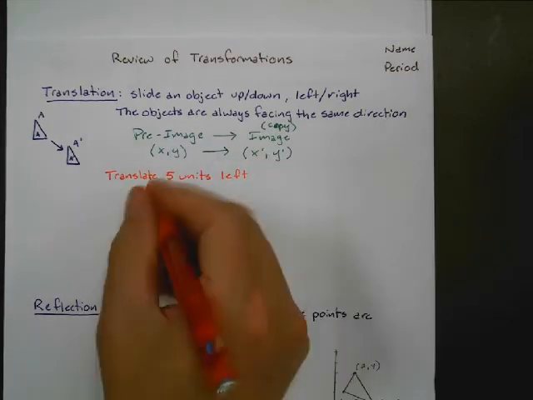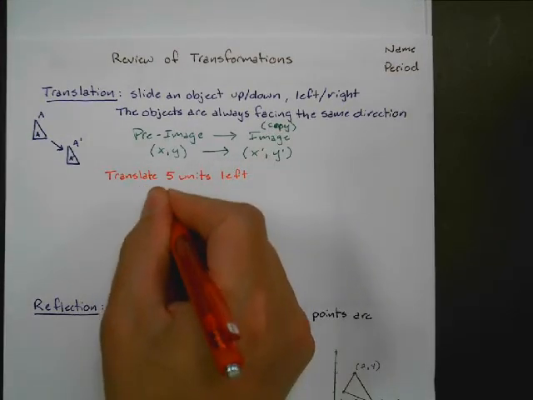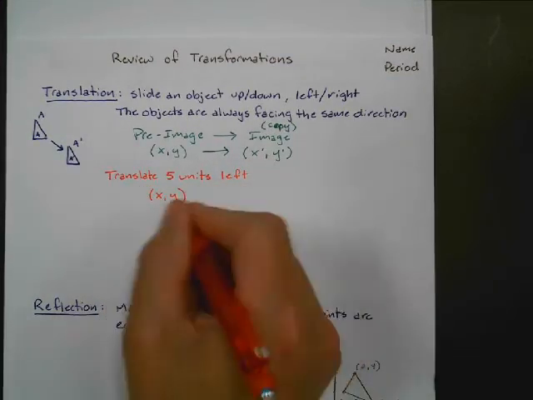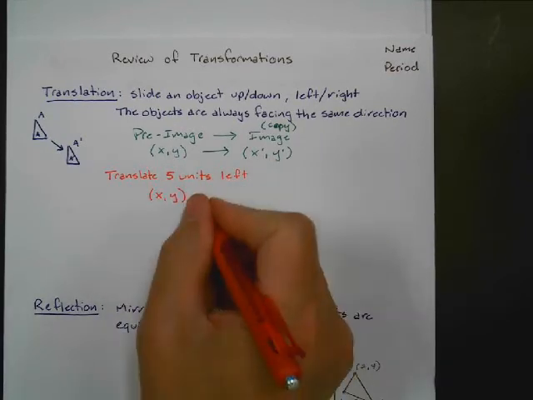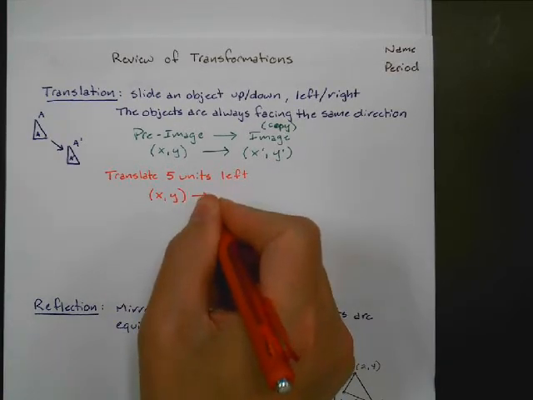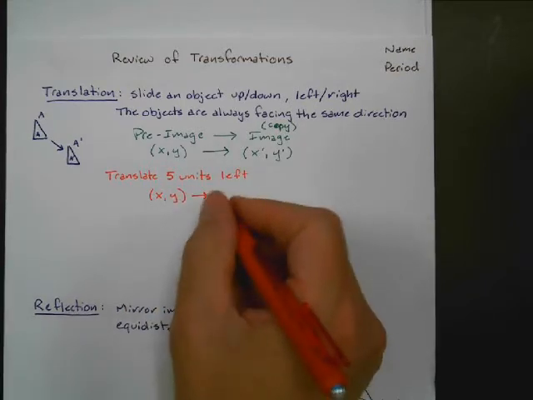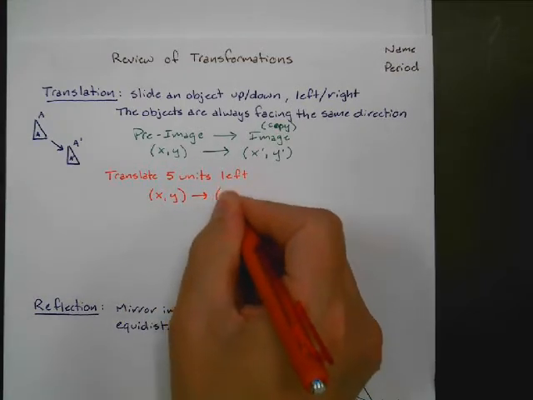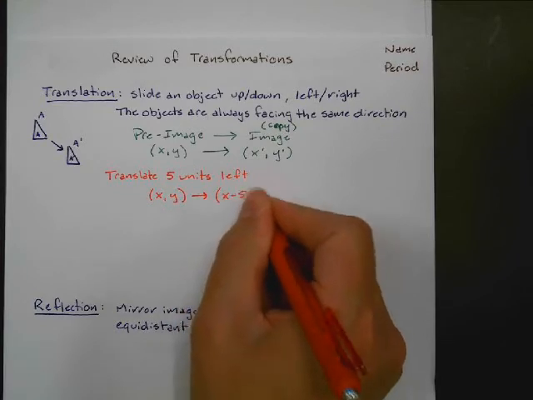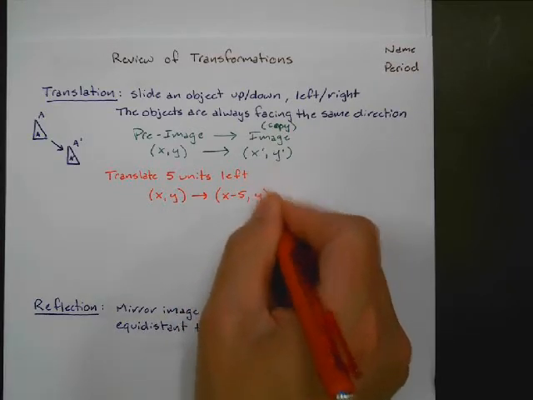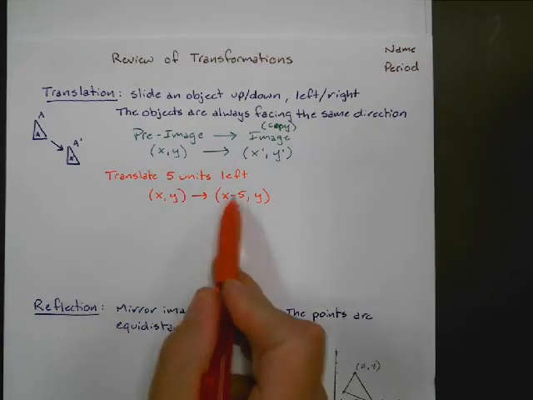All right, so if I'm starting off with x comma y, and we're going to the left 5 units, well, left and right affects the x coordinate. So going left is -5. So that would mean your new coordinates would just be x minus 5 comma y. So going left means that you change your x coordinates by -5.